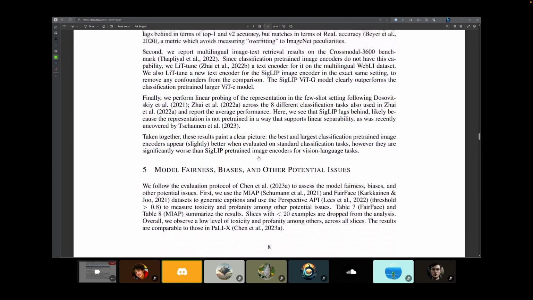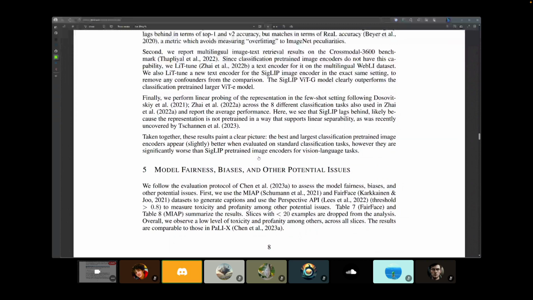Second, we report multilingual image-text retrieval results on the cross-modal 3600 benchmark. Since classification pre-trained image encoders do not have this capability, we LiT-tune a text encoder for it on the multilingual WebLI dataset.